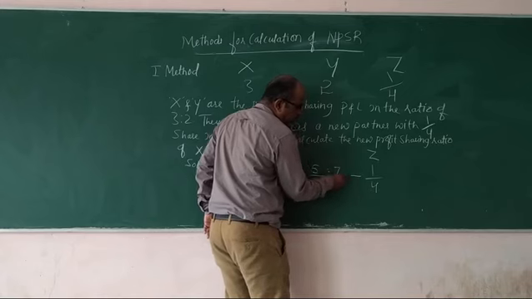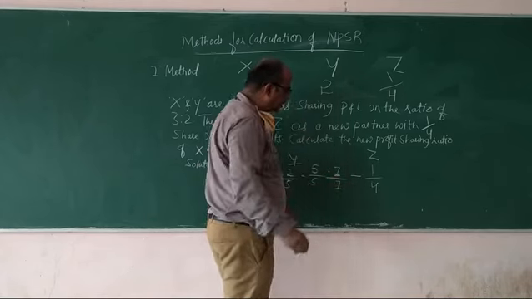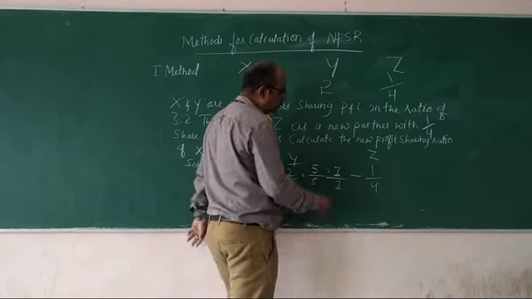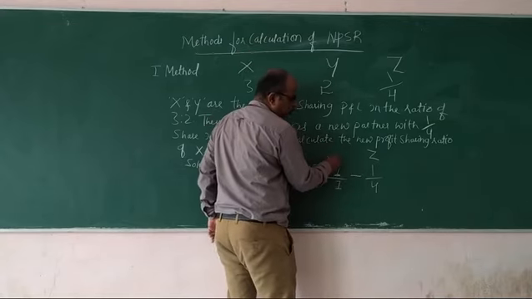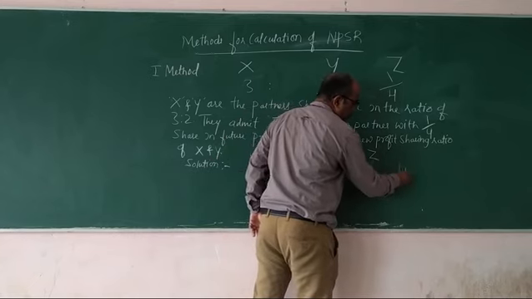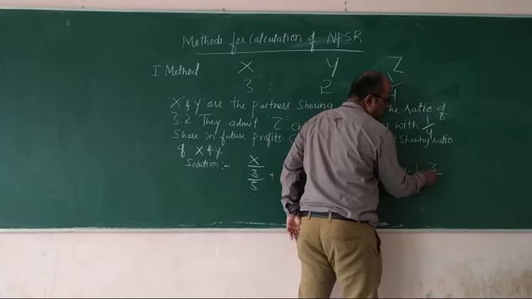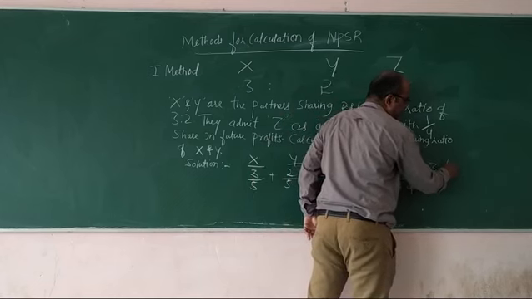So subtract 1/4 from 1/1. If denominator is not given, you should consider it as 1. So cross multiply: 4 into 1 equal to 4, minus 1, 3/4 is the remaining share for X and Y.